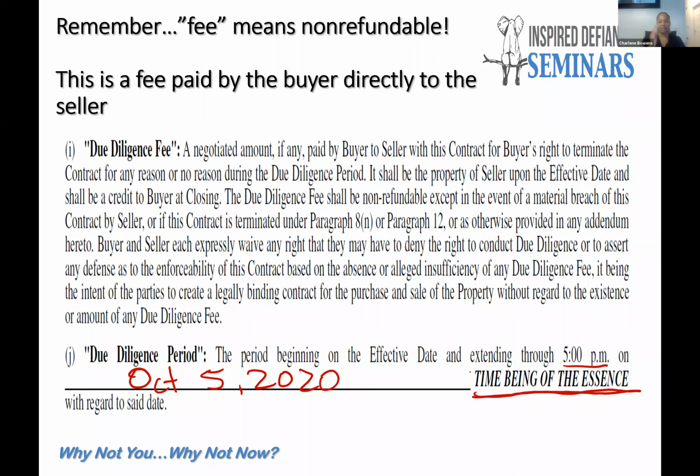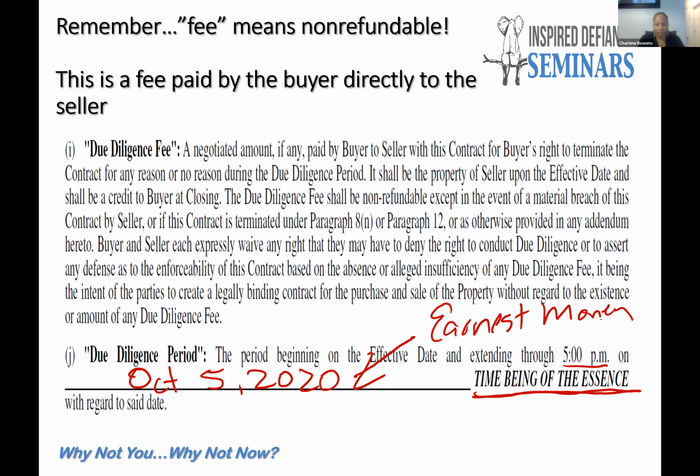That's it. So if you call us at 5:15 on October 5th, you stayed on the train too long. You owe the earnest money. Because this date, rather than the due diligence date, we should call it the earnest money date.